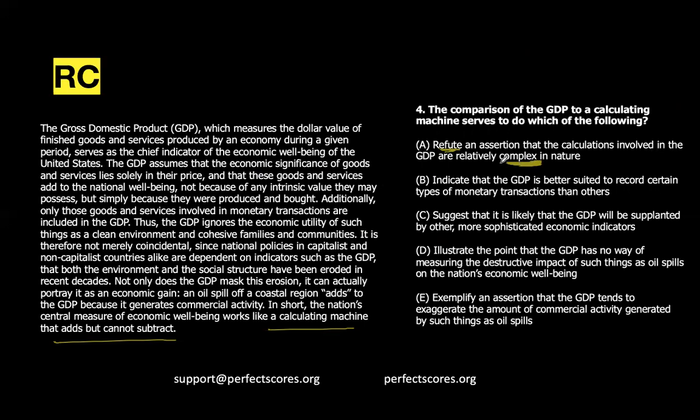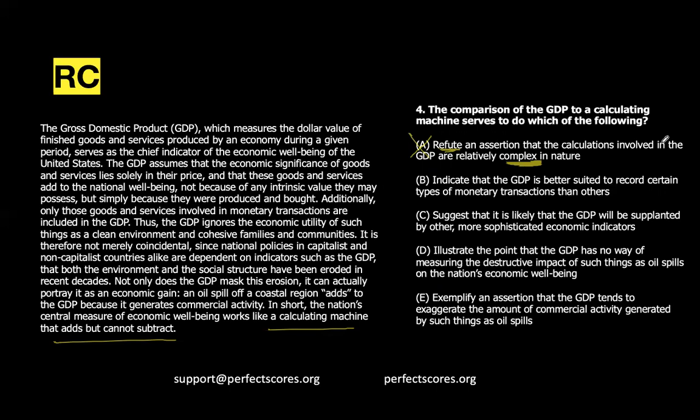Are we talking about complexity? No. Okay, B: indicate that GDP is better suited to record certain types of transactions than others. Basically, that GDP cannot record every kind of transaction in an effective manner.